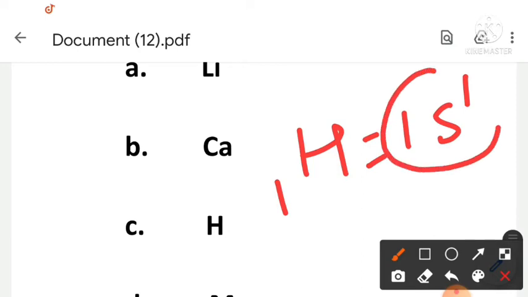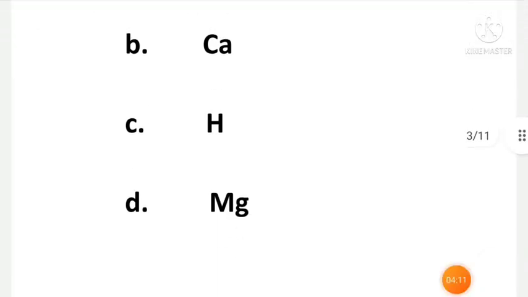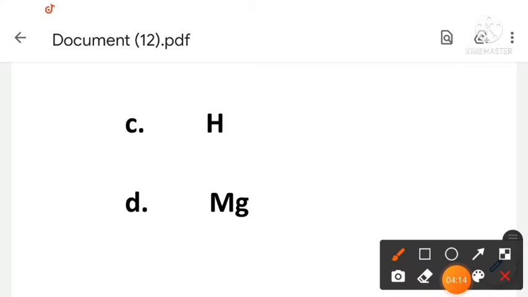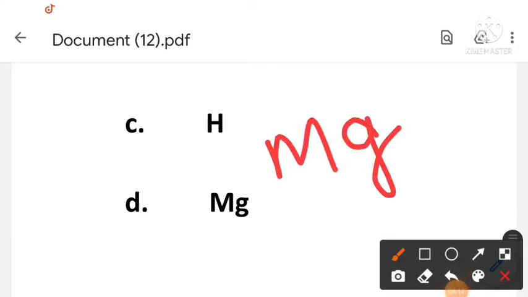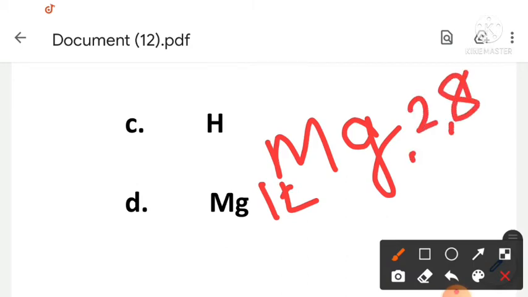Here the outermost shell is 1, so it is an exceptional case, and it comes under the non-metals. So here it is the correct answer. And magnesium, Z of magnesium is 12, so 2, 8, 2. The outermost shell denotes 2 valence electrons, so it shows metal.